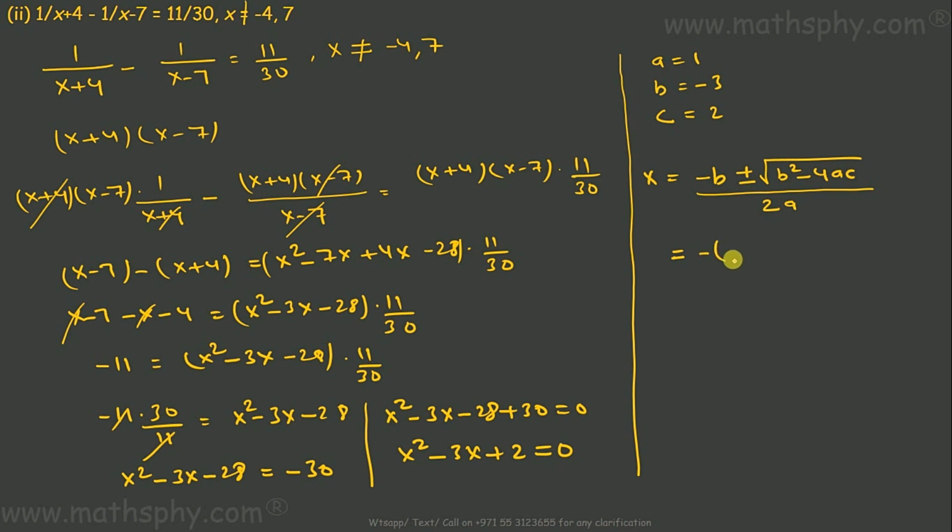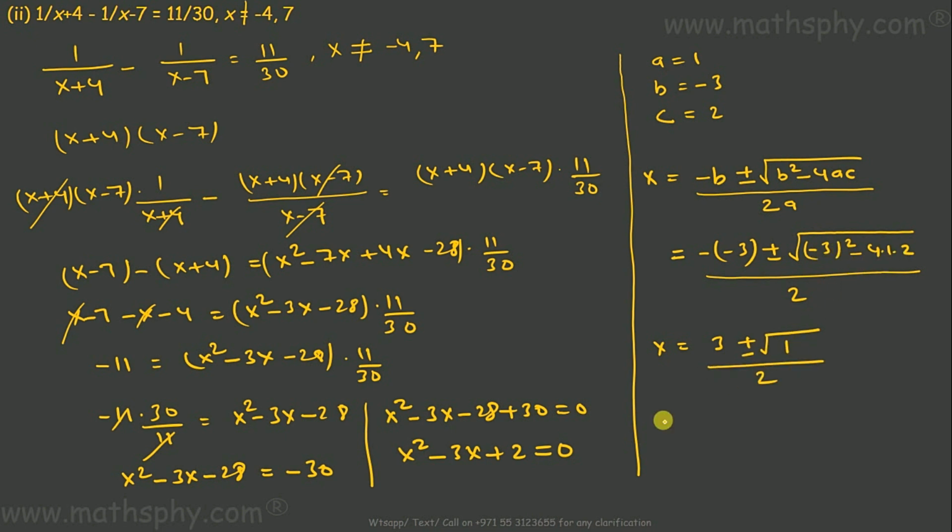That means negative of negative 3, which is positive 3, plus minus root of negative 3 whole square minus 4 into 1 into 2, over 2a, which is 2 into 1, 2. 9 minus 8 gives you 1, over 2. So x is equal to 3 plus 1 over 2, and x is equal to 3 minus 1 over 2.